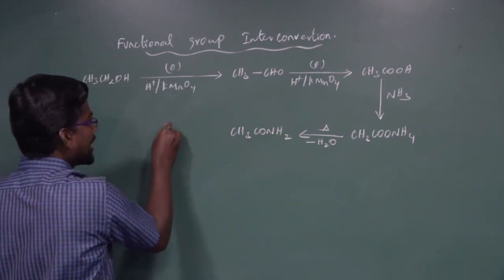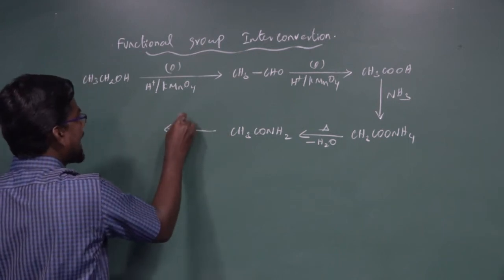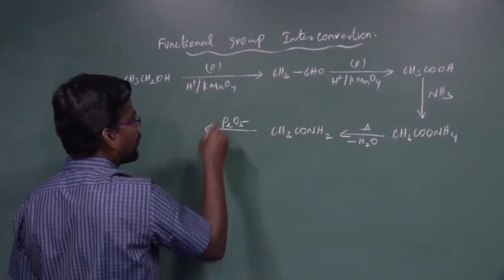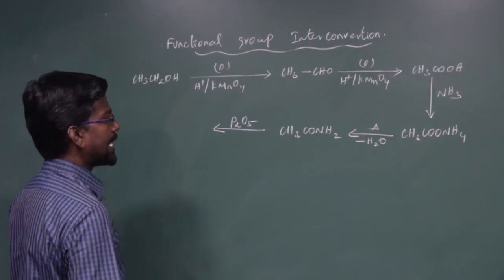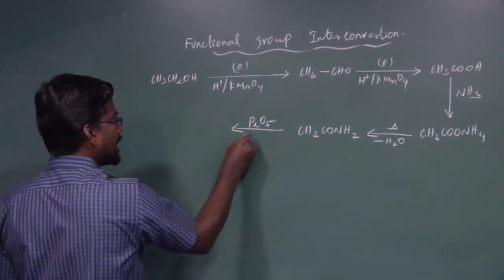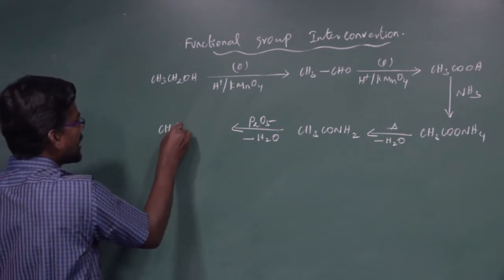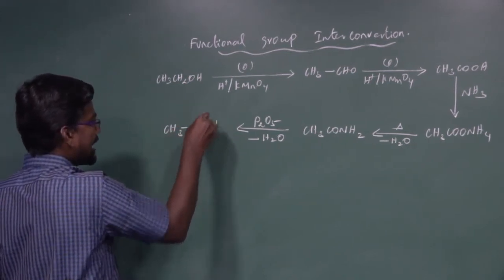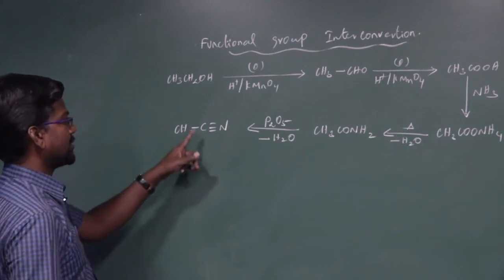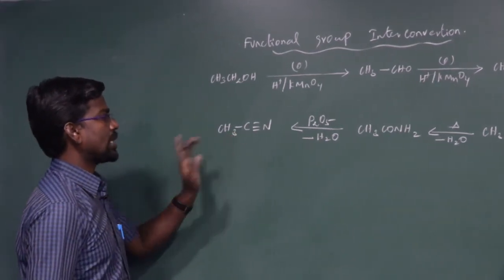The CH3CONH2 further reacts with phosphorus pentoxide, P2O5, again removing a water molecule to form CH3C≡N: nitrile, cyanide, acetonitrile.